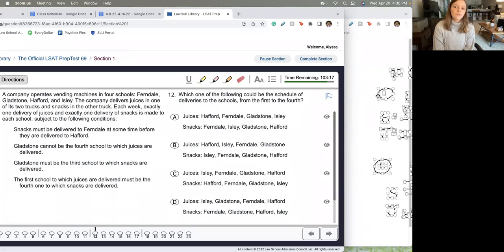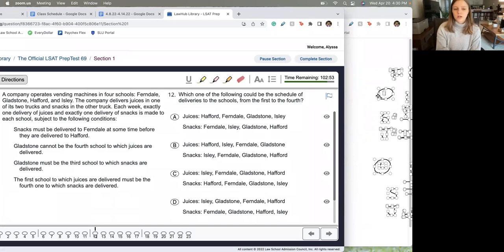So we're just going to go off of the rules, which means that we're going to go through each one of our rules. We're going to go through each one of our answer choices and make sure our answer choices are abiding by our rules, because in this type of question, this list question, our wrong answer choices are going to violate those rules. So it's very easy to just go through them rule by rule.